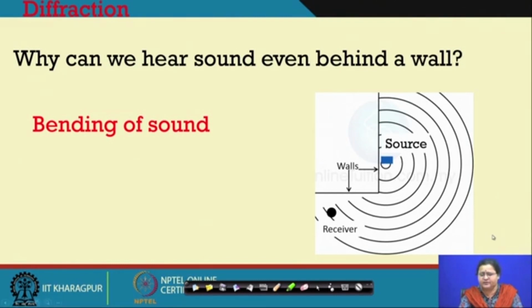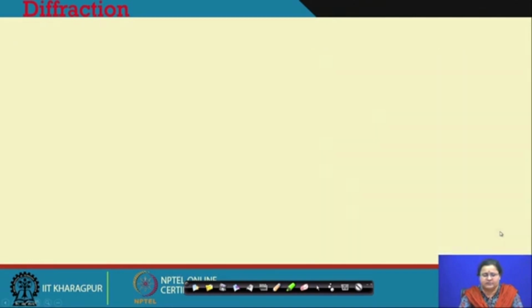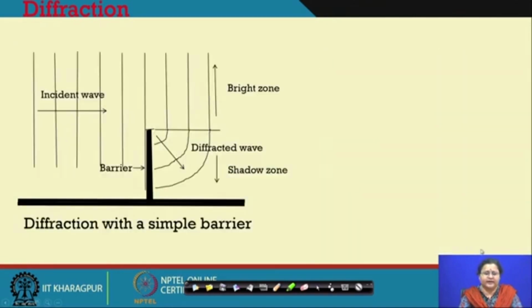This is a simple picture of it, and we see that when the incident wave is falling and is getting guarded by a barrier, the upper part of the incident wave is travelling, whereas the lower part is hit and it may reflect back, as you have known.